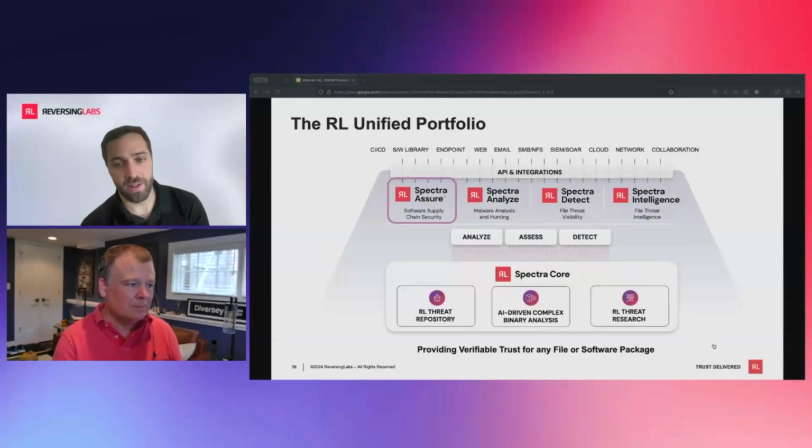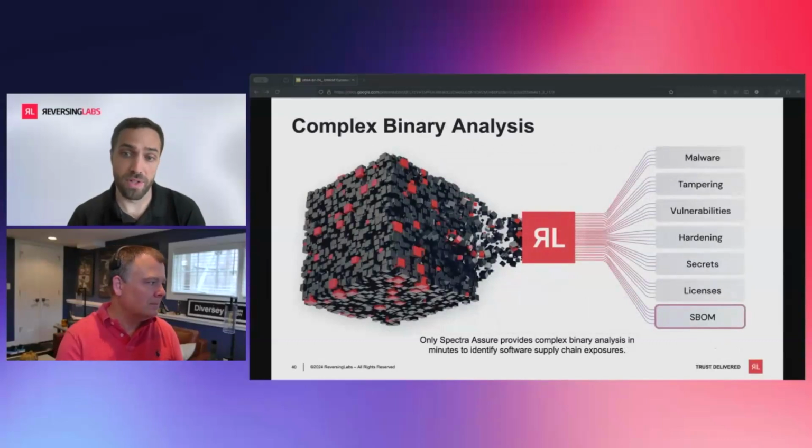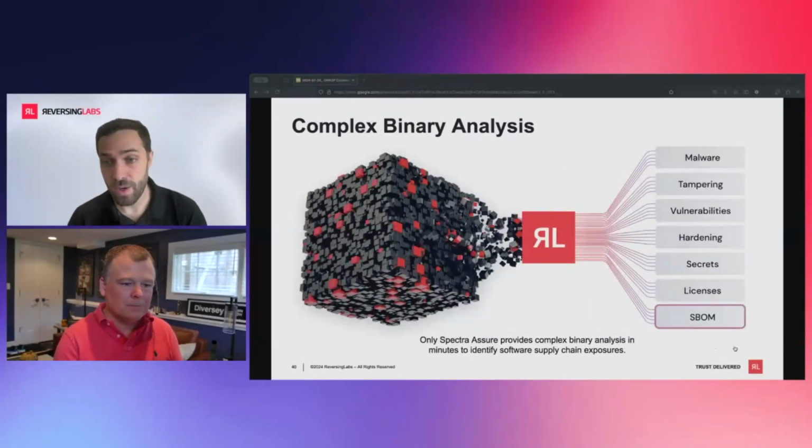On the next slide, I'll walk you through a little bit of what it's doing, but it has several key outputs. We're going to tell you if any binary that you have has malware, evidence of tampering, vulnerabilities, if there are opportunities for hardening, if there's secrets, licenses, and last but certainly not least, we're giving you the ability to generate an SBOM.